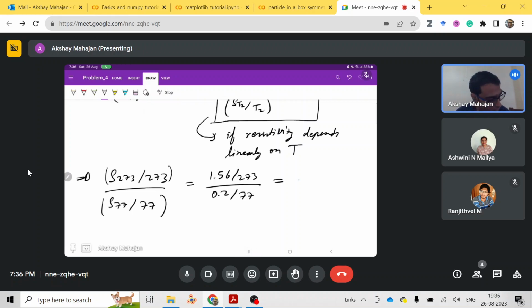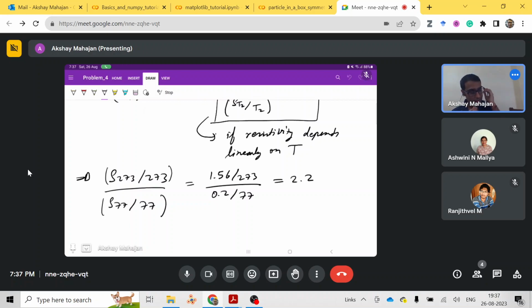This comes as 2.2, which is quite large compared to 1. So based on these data points, if we go from 77 Kelvin to 273 Kelvin, just 1 minute.